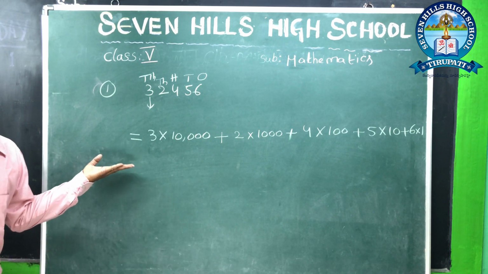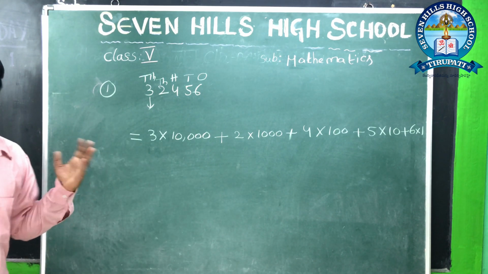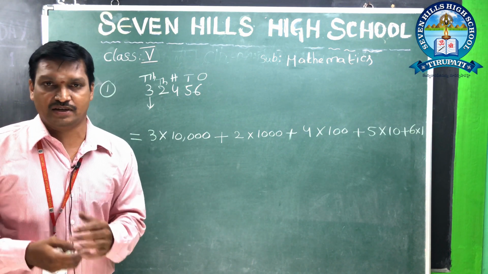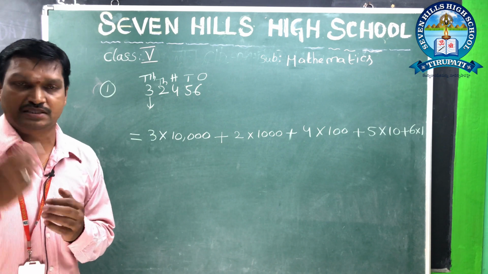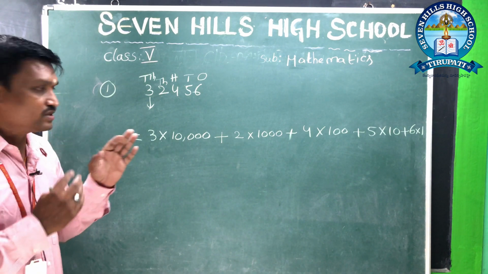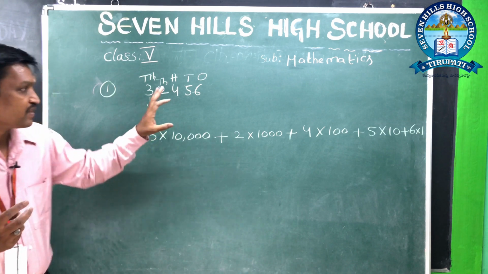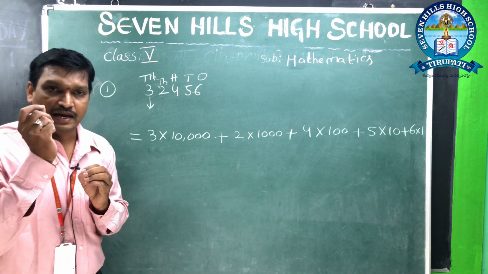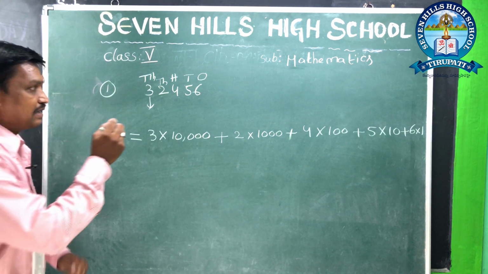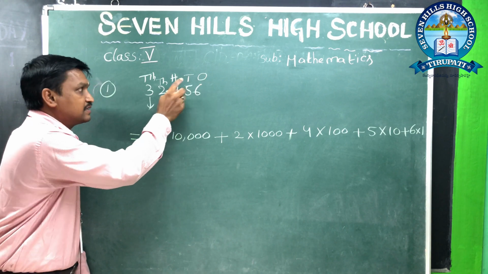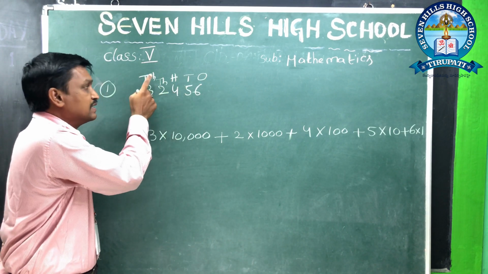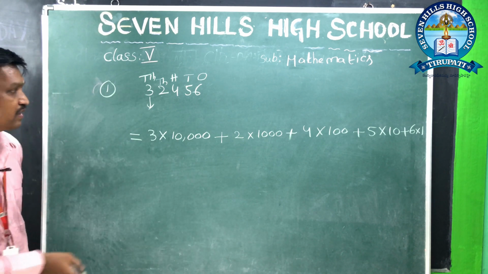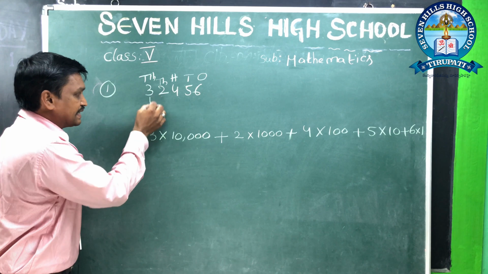Okay students, see here, it is the process to expand any number, whatever they give, smallest or biggest. We can use the process like this. First we separate the given number using the Indian place value chart: ones, tens, hundreds, thousands, 10,000s. Now how to expand this number? The first digit is 3.